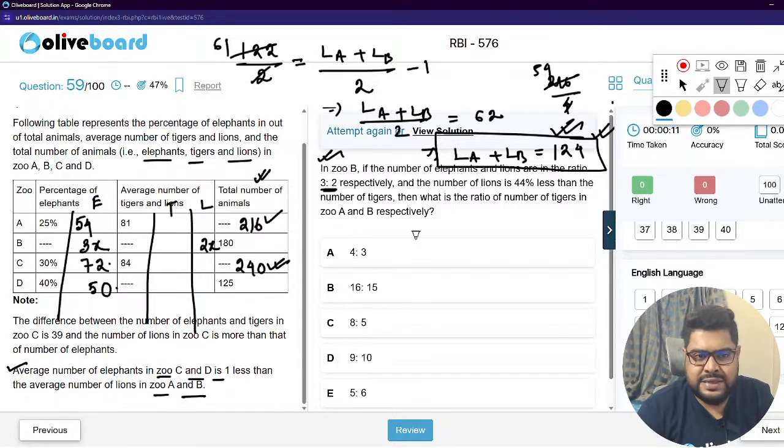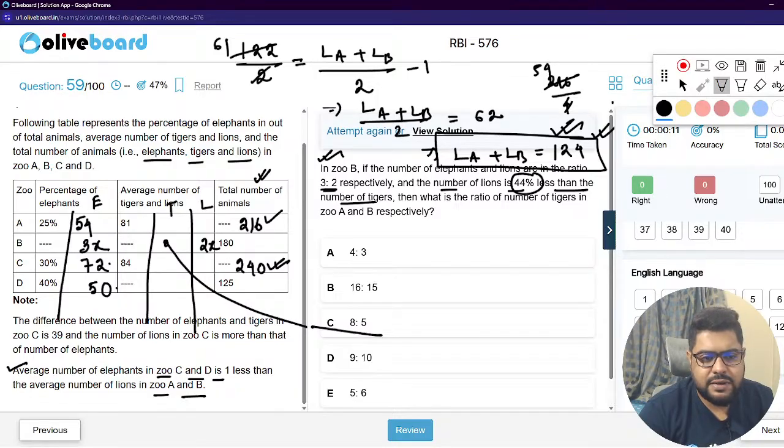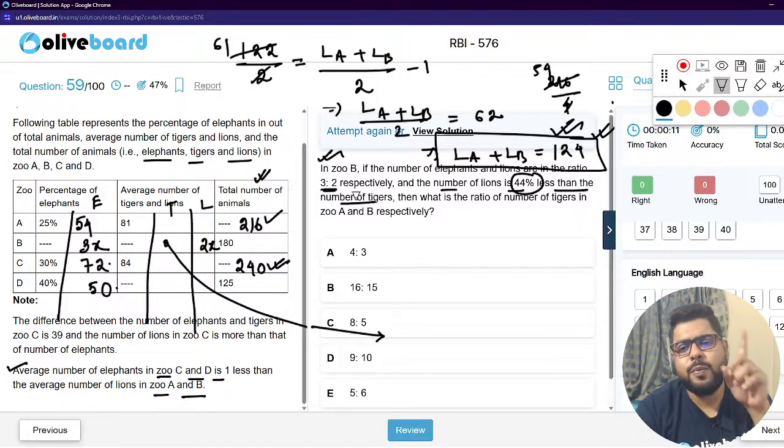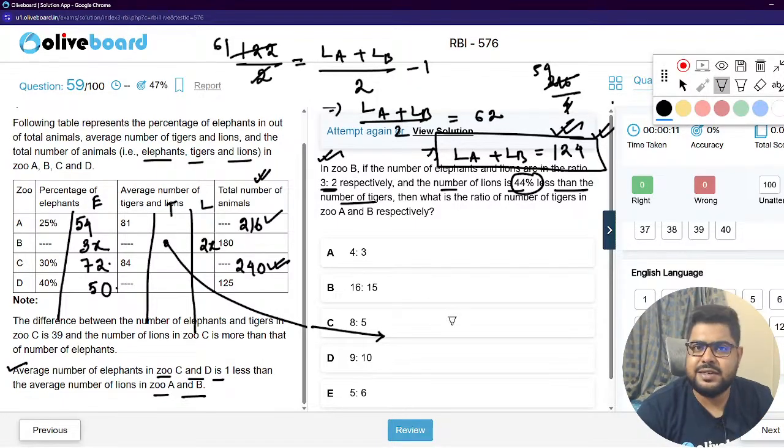Okay. First of all, the number of lions is 44% less than the number of tigers. So this value, you will use the modular method. Please understand, the number of lions is 44% less than the number of tigers.